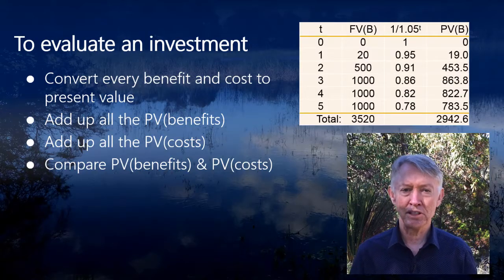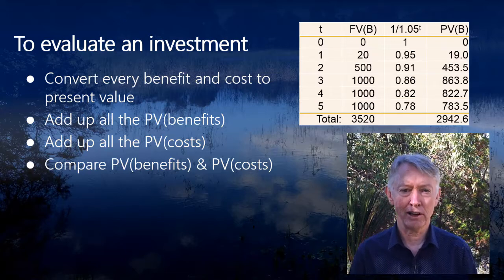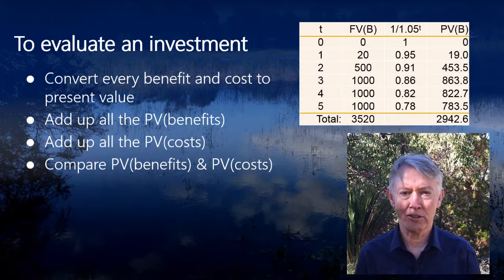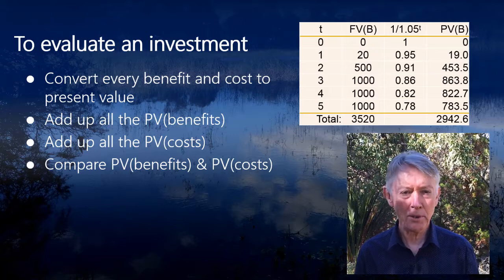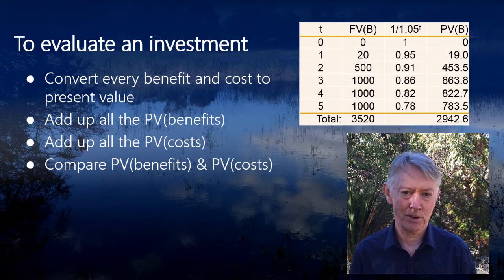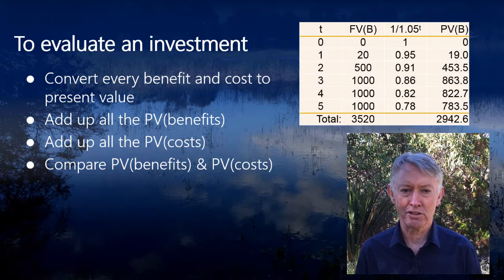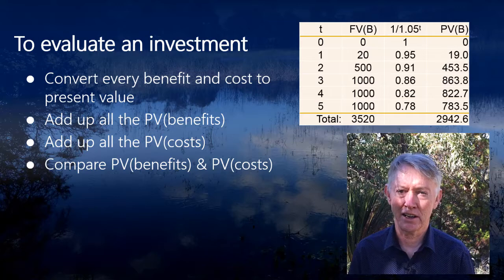Now, how do we use this to evaluate an investment? Well, it's pretty simple. We convert every benefit and cost to a present value. We add up all the present value of the benefits, we add up all the present value of the costs, and we compare those two. So it's pretty straightforward. To convert benefits and costs to a present value, the little table in the top right shows us how this is done.